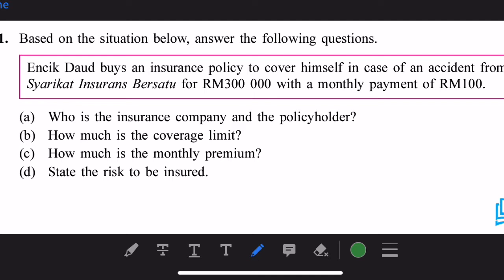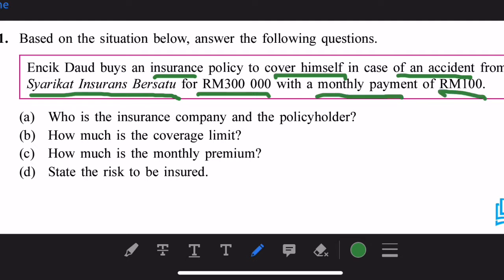Inche Daud buys an insurance policy to cover himself in case of an accident from Syarikat Insurans Bersatu for 300,000 with a monthly payment of 100. Who is the insurance company and the policy holder?